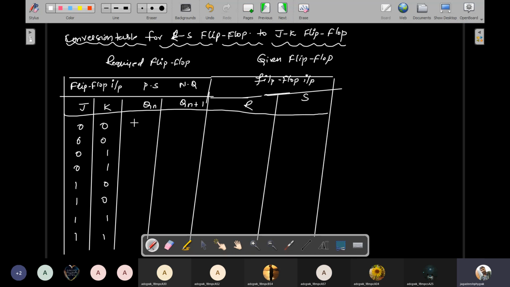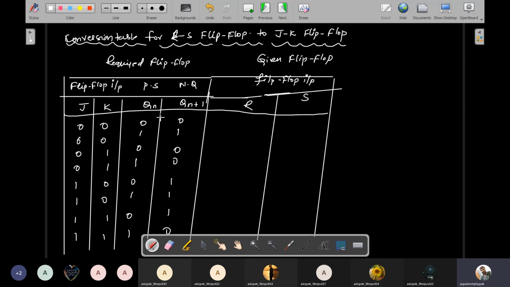So this is the table. Qn and the next state we don't know, every time take 0 1 0 1 0 1. For 0 0, no change. 0 1 is the reset state, 1 0 is the set state, and 1 1 is the toggle condition.